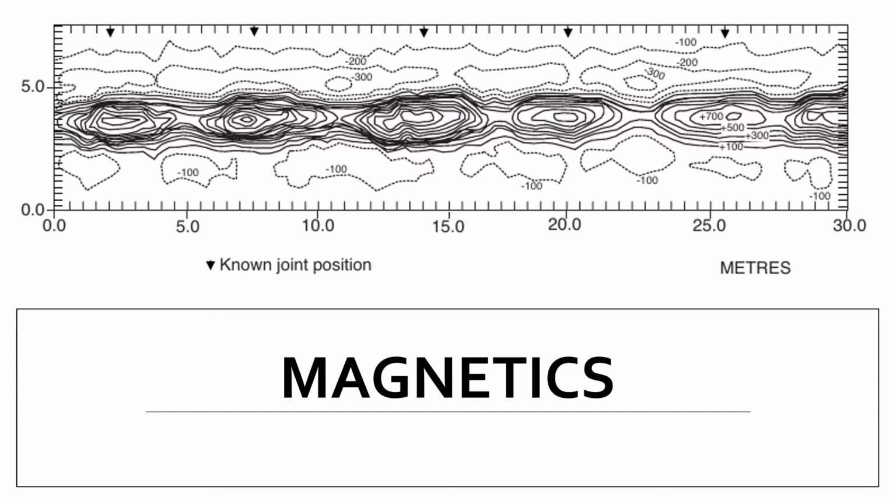And this is a 2D section of the magnetic reading in the subsurface. Okay. So in here they were looking for metal pipes. Okay. And these are the known locations of the metal pipes.